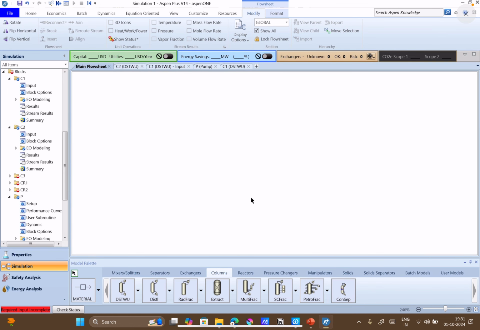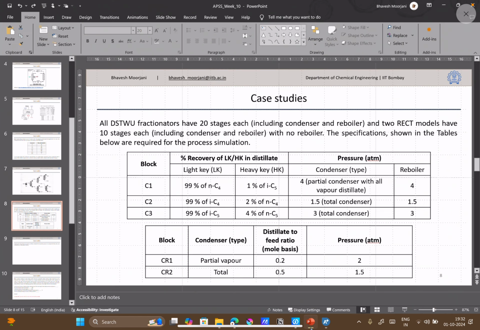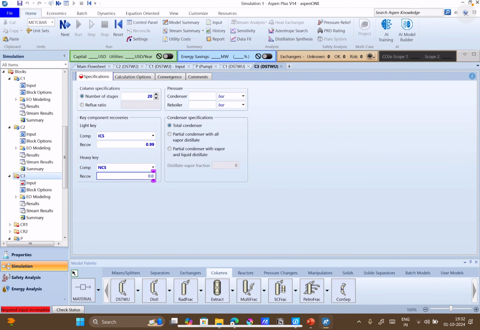Then for C3 we have further information. So go here, C3 again 20 stages, light key is IC5 with 0.99 recovery, heavy key is NC5 with 0.01 mole fraction recovery. Sorry, it's 4%, so 0.4.